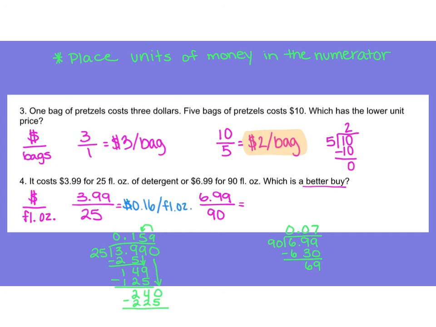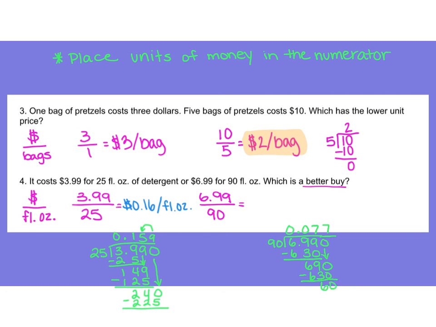And again, I would want to make sure that I go at least to the thousandths place to see if I would need to round up my hundredths place for my dollar amount. So I'm going to add a 0 to my dividend and bring it down. 90 can go into 690 7 times. 9 times 7 is 630.